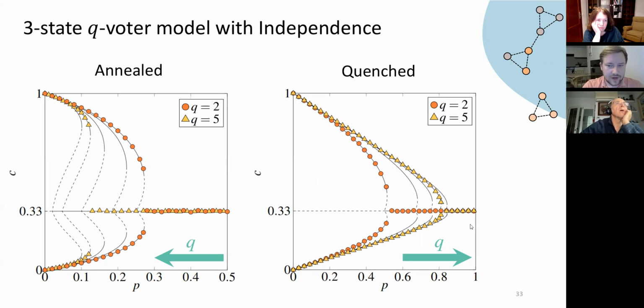So the quenched case was quite close to the intuition from the binary model that we should have the discontinuous phase transition, but increasing the dimensionality of the system, so increasing the number of states, will cause this discontinuity, but it's much less sharp than in the annealed case.